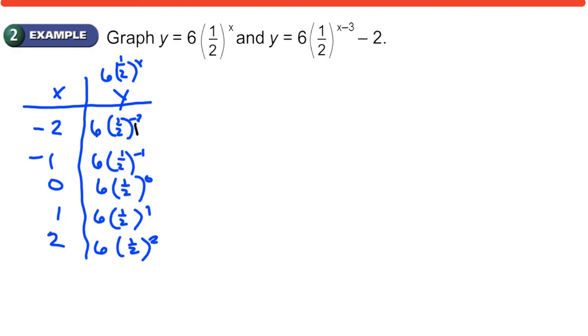Evaluating these, negative, flip it, so this becomes 2 squared instead of 1 over 2 squared. So 2 squared is 4, so this gives us 24.